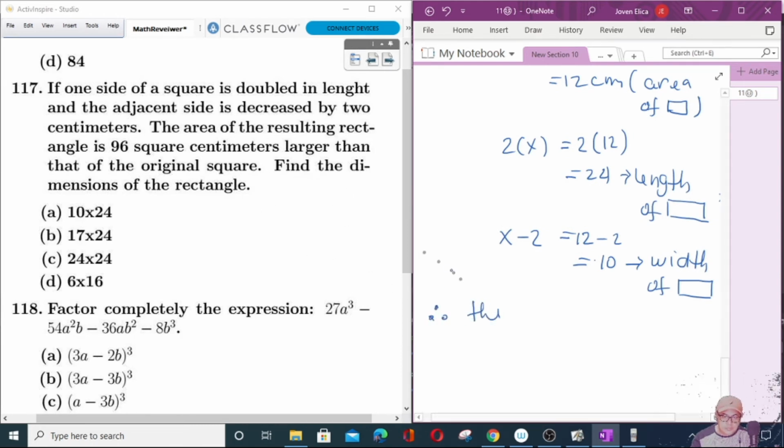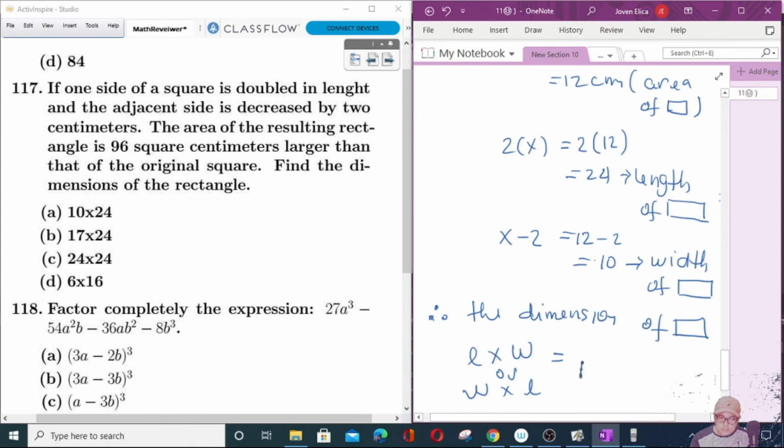So therefore, find the dimension of the rectangle. The dimension of the rectangle is length times width, or width times length, whichever, the same.